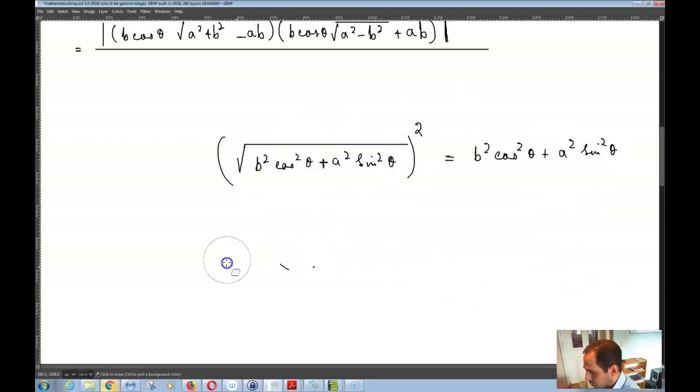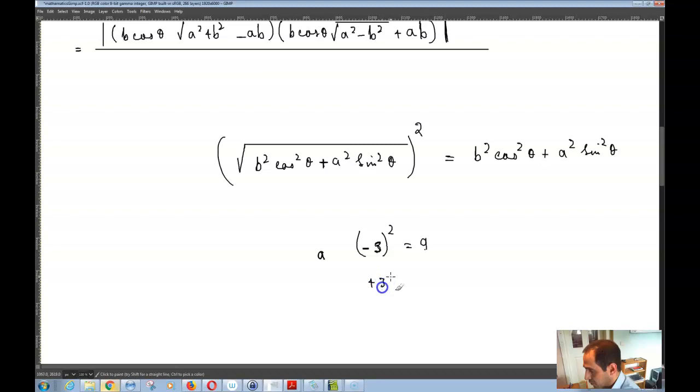But now suppose that you have some number a. For example, suppose that you have negative 3 over here. Negative 3, if you raise it to the second power, you will get a 9.